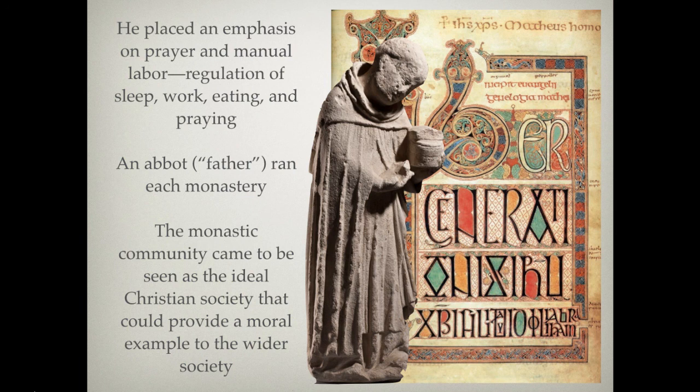Now, the person who headed up all of these monks was known as an abbot, coming from the Hebrew abba, which means father. And the abbot ran each of these monasteries.